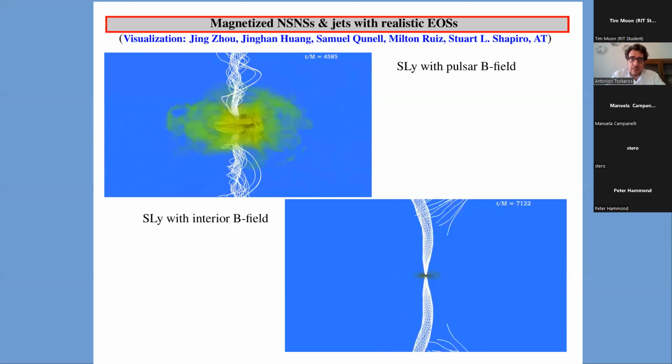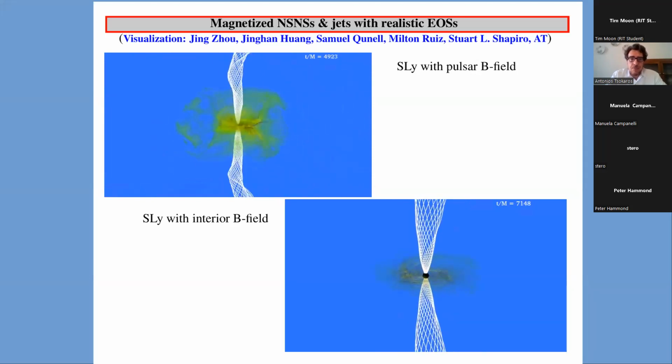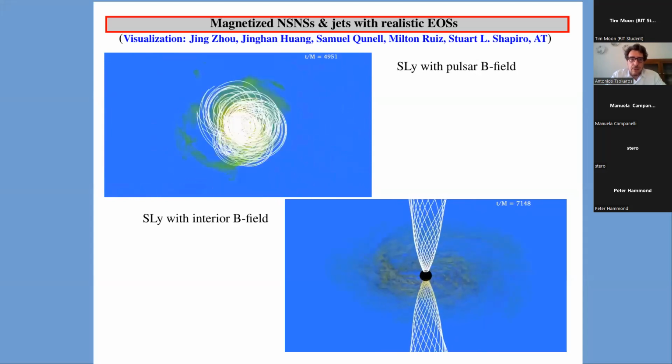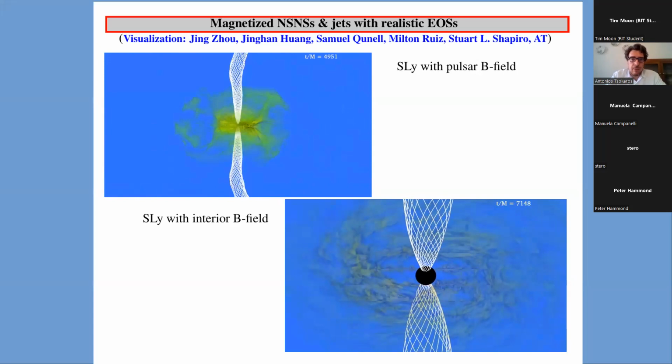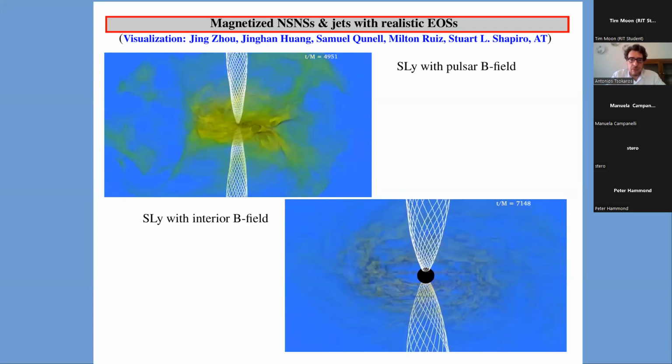On the top, you can see the disk and the jet, and there are some rotations here so that you can appreciate how it looks from different angles.